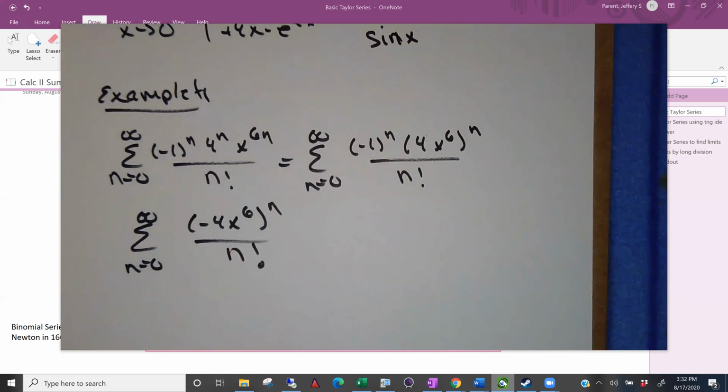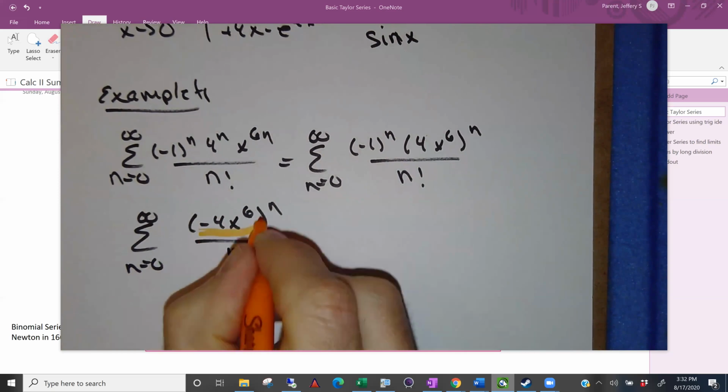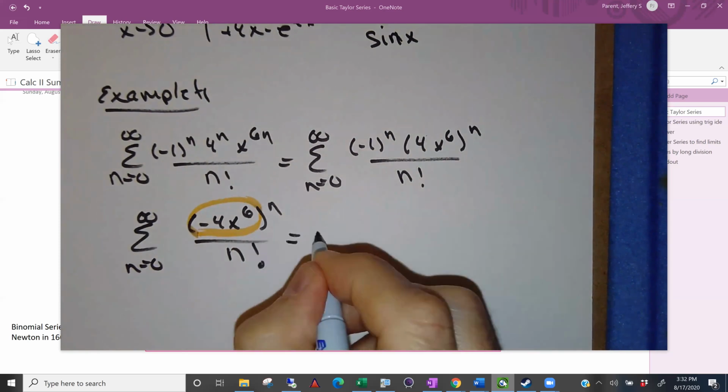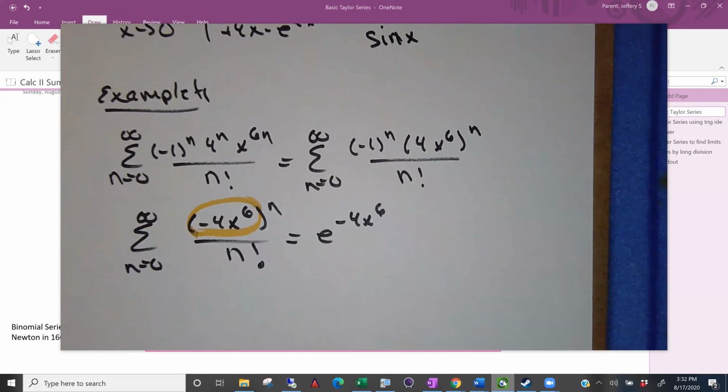In fact, it looks like you've taken this term right here, -4x to the 6, and dropped it in your series for e to the x. So a compact way to write this expression then would be e to the -4x to the 6. That's your series.